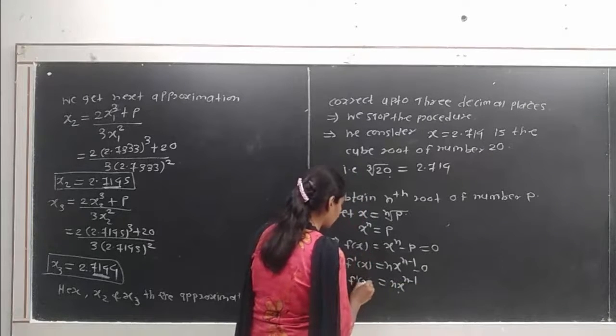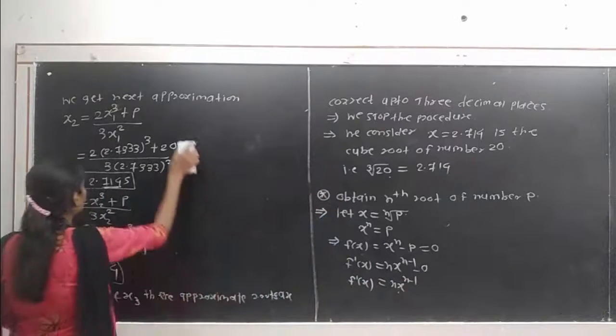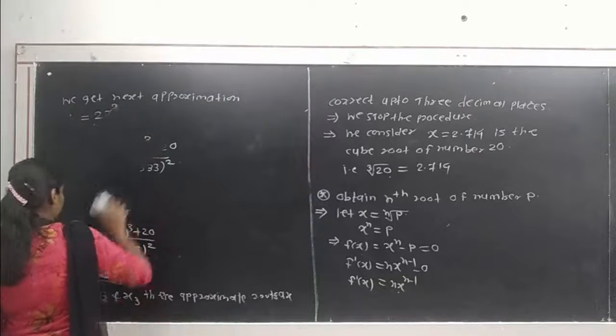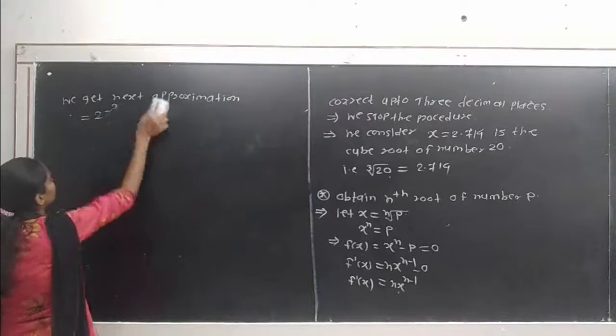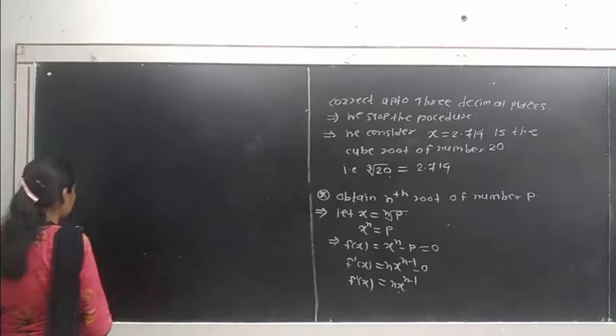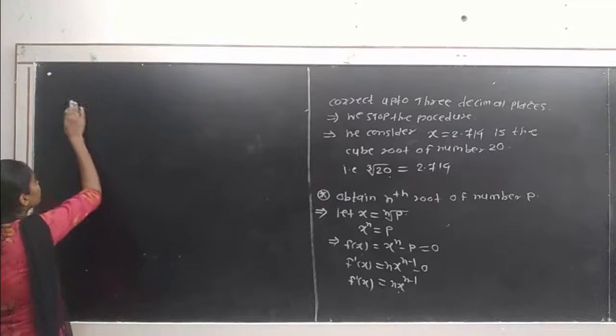This is the derivative f dash of x. Then we use the NR formula, that is Newton-Raphson formula, for finding the nth root of number p.